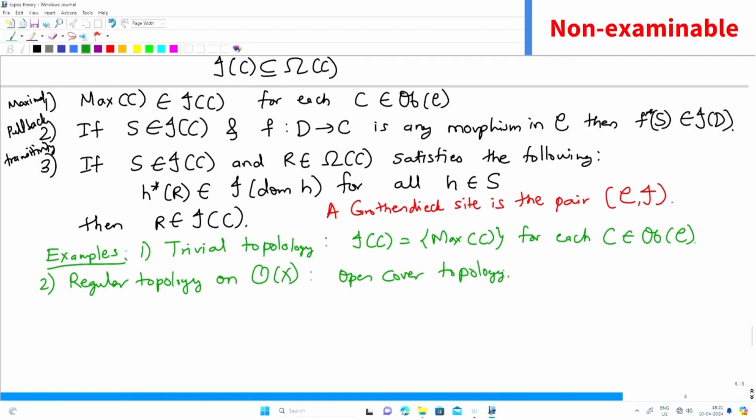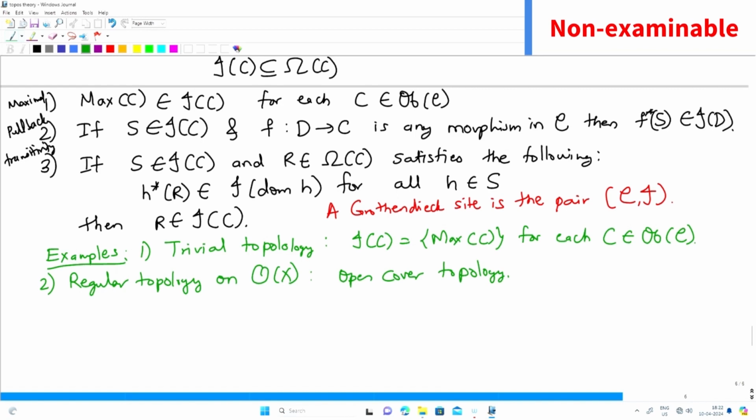Now what you need to verify here is that the collection of all subsets of a fixed open set U has union obviously equal to U itself. Then whenever you have an open cover, its pullback under any arrow is again an open cover, because f inverse behaves well with respect to unions, right? Then the third condition can also be verified.